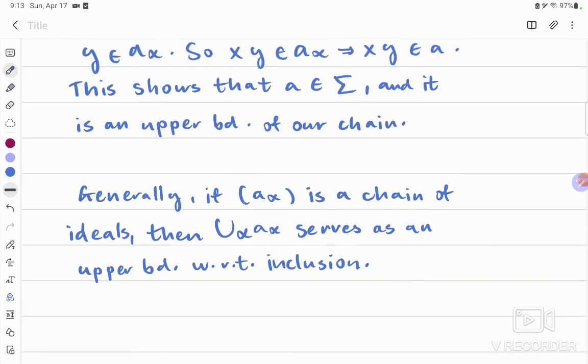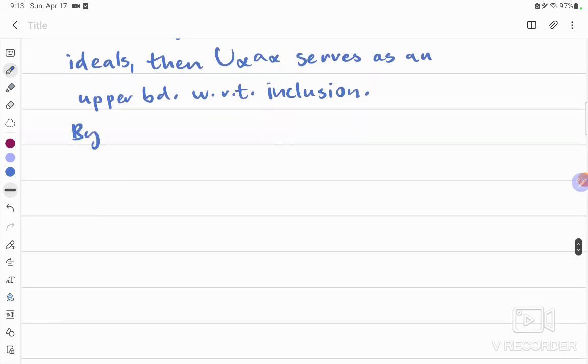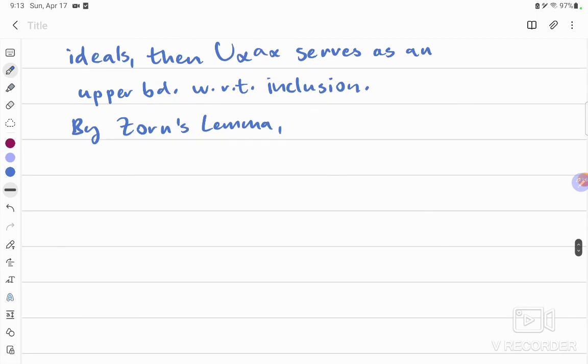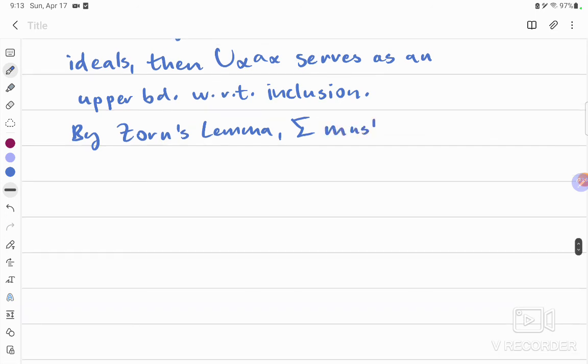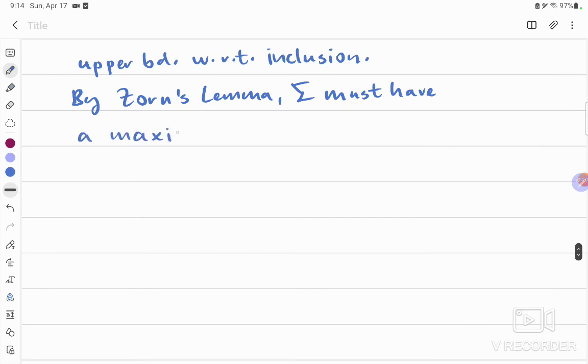So by Zorn's lemma, we have that sigma, the set of all these ideals, must have a maximal element, an ideal, because in this case its elements are all ideals. And this concludes our proof.